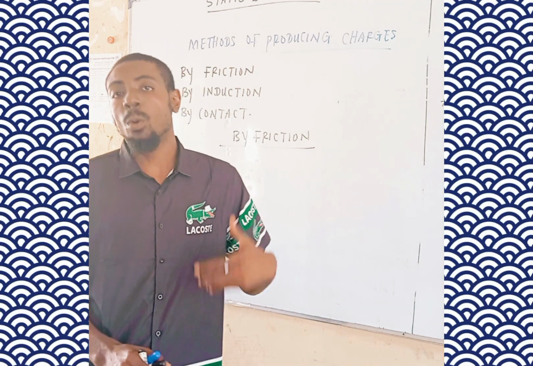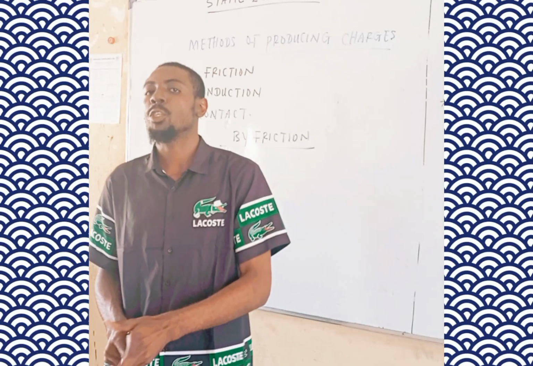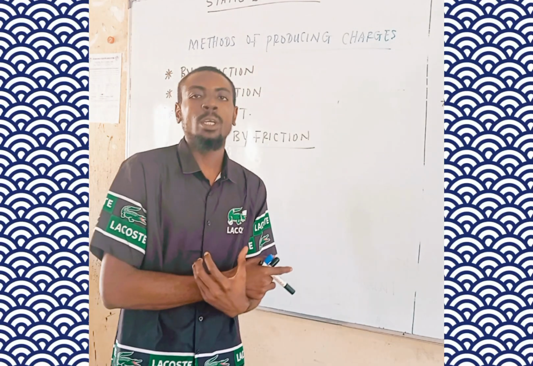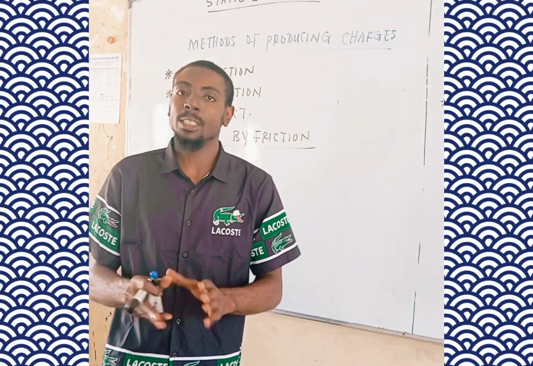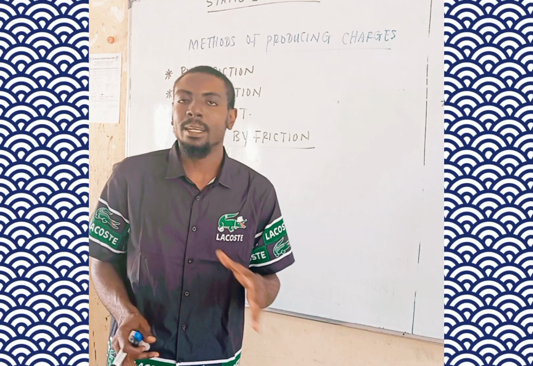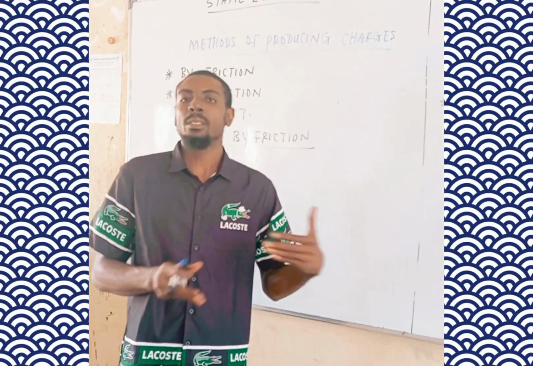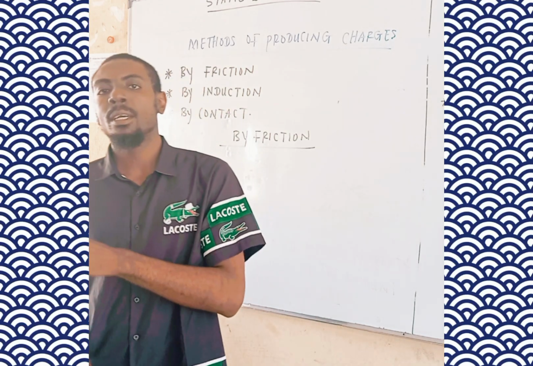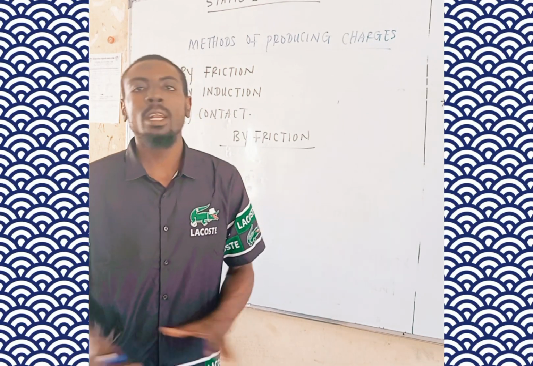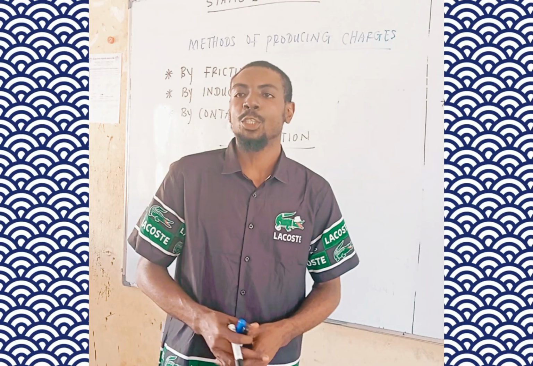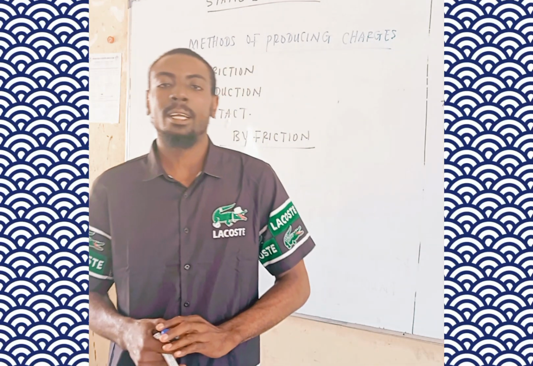Then the donor, that's the one that donates the electron, we call it donor in chemistry. The donor is always the positive charge, while the acceptor is always the negative charge. It's still the same case here. So the only thing you need to know is which object is transferring the electron and which is receiving it.